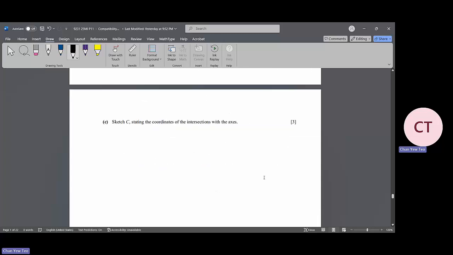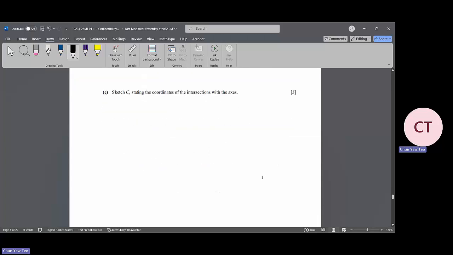Moving on, part C, we want to sketch the graph stating the coordinates of the intersections of the axes. So to find the coordinates of the intersections of the axes, you just need to say that when x is equal to 0, your y is 0. When the y is equal to 0, you have 2x squared minus 5x equal to 0, which is giving you two answers.